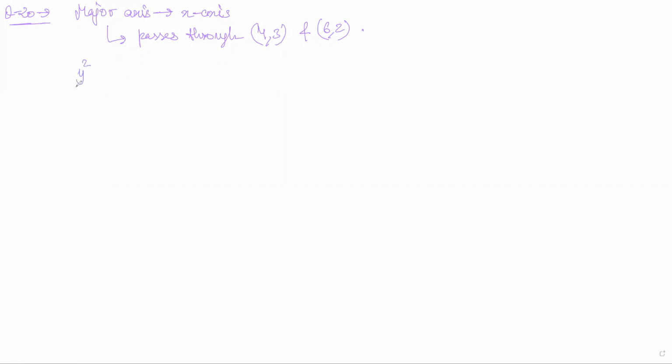Sorry, x square by 52 should be, right? So if I put 4, this should be 16 plus 9, which should be 36 by, yes, 16 and 36 will be correct. Yes, that should be the equation. Final answer.